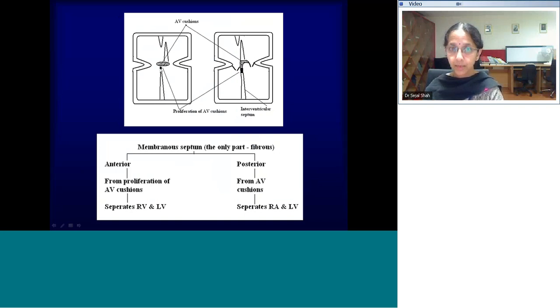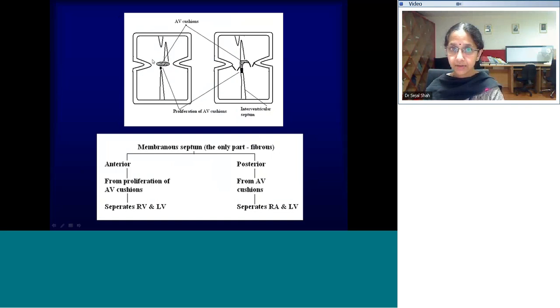So there are two parts here, and this part, which is the AV cushion, gives rise to the right atrial left ventricular septum. That's the atrioventricular septum, and then the proliferation gives rise to the interventricular septum.